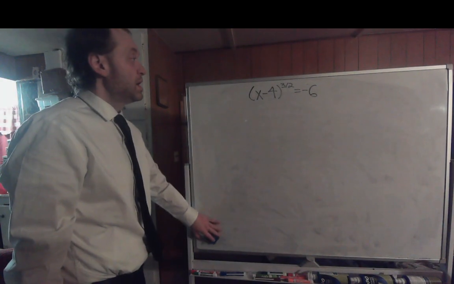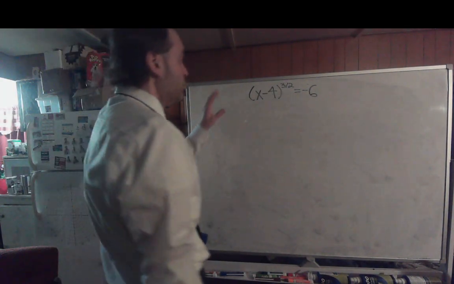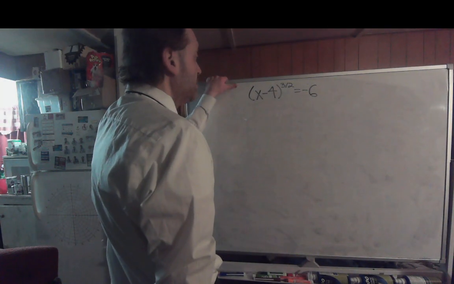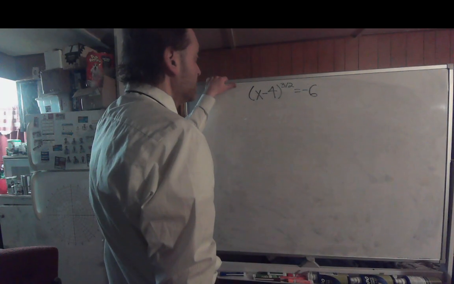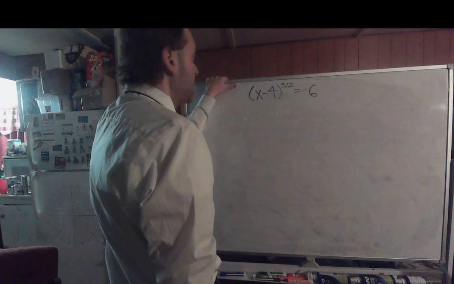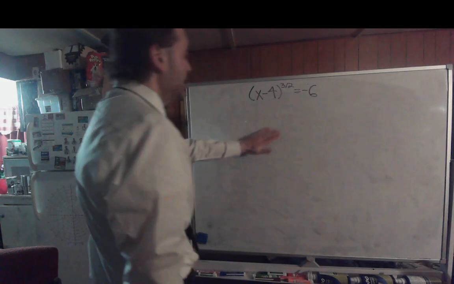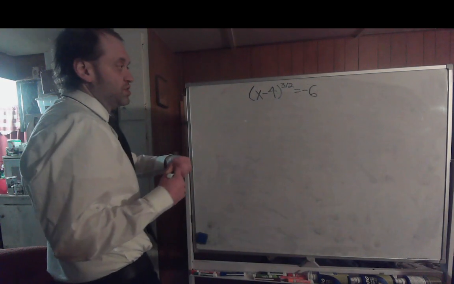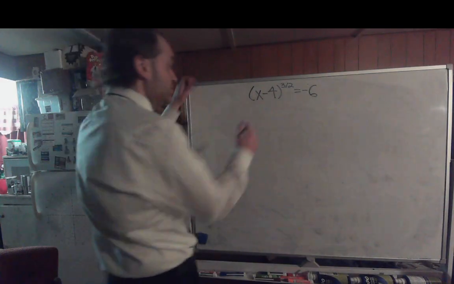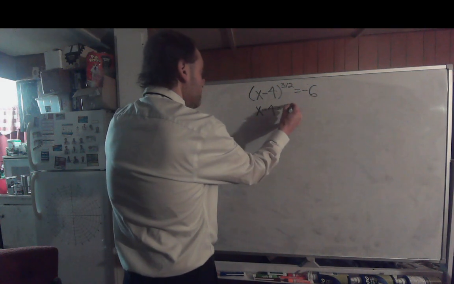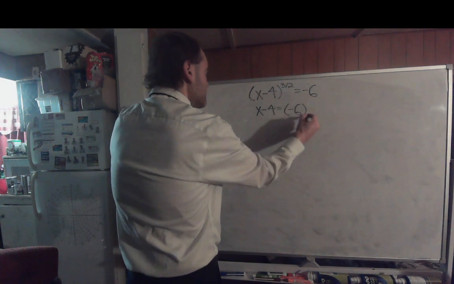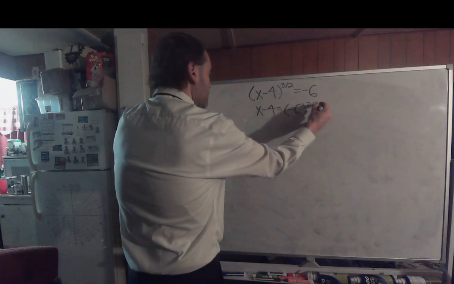Well, we better just do everything here. So let's go ahead then, raise both sides to the 2/3 power. So if you do that, you'll get x minus 4 equals -6 to the 2/3 power.